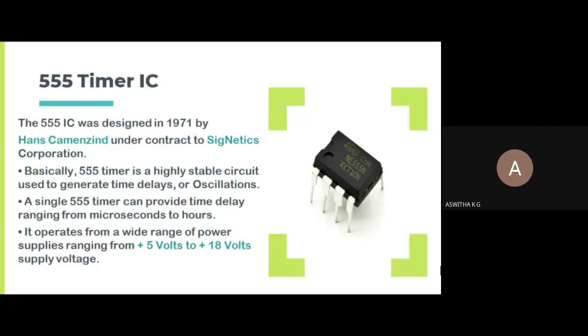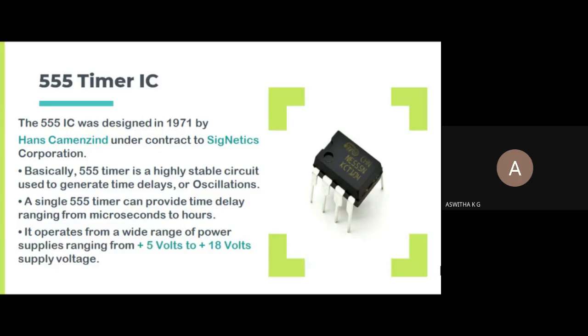Now let us see what is 555 timer IC. A 555 IC was designed in 1971 by Hans Kamen-Zind under contract to Signetics Corporation. Basically, 555 timer is a highly stable circuit which is used to generate time delays or oscillations.